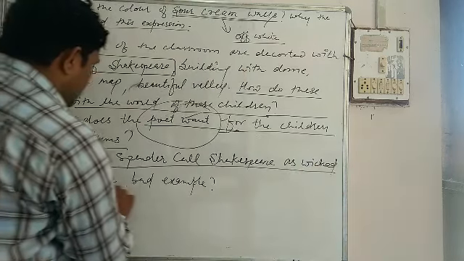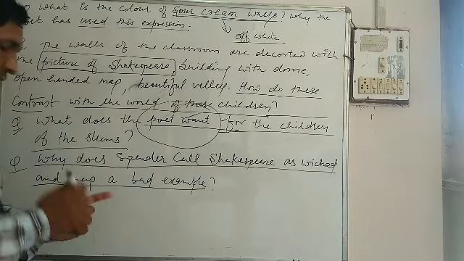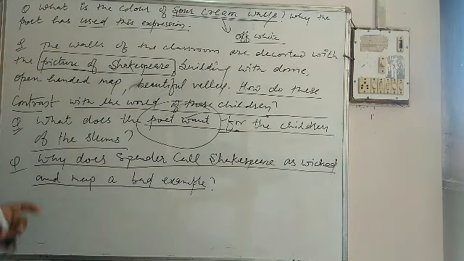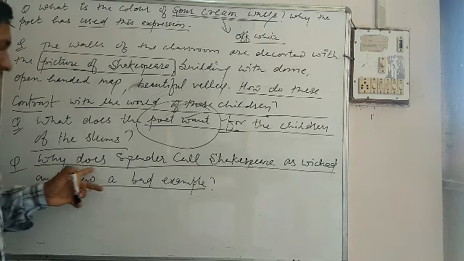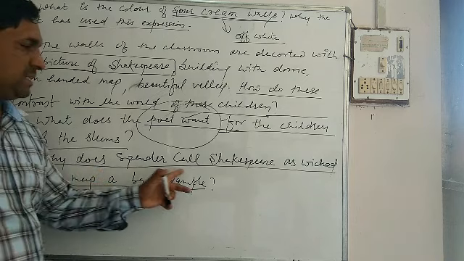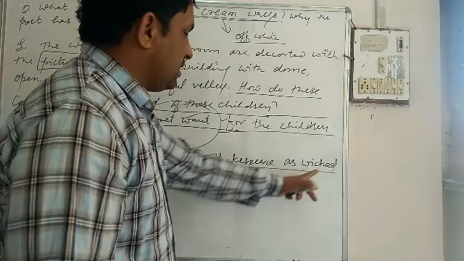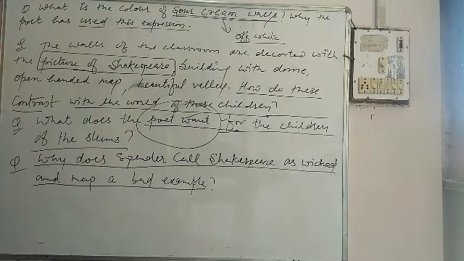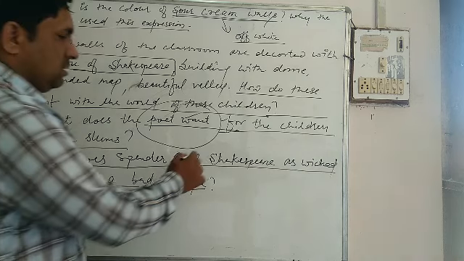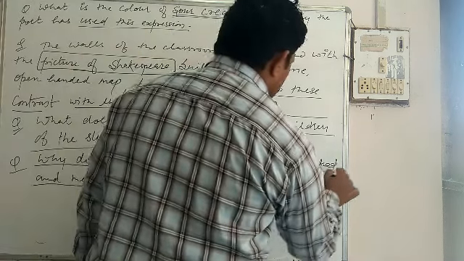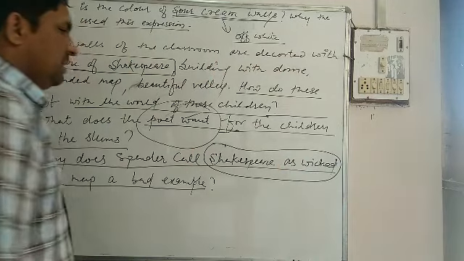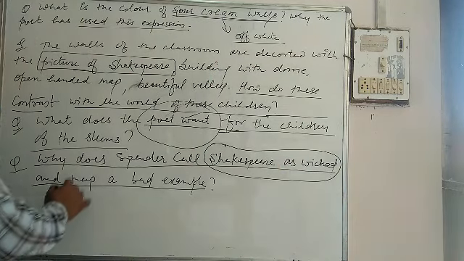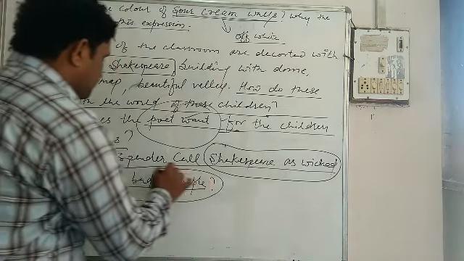So it is important to understand the question and how you can write down the answer in a very perfect manner. The question is, why does Spender call Shakespeare wicked and the map a bad example? There are two things mentioned here. One is William Shakespeare as a wicked personality, and the other is the map as a bad example.